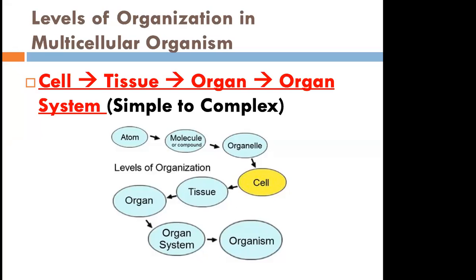Okay? And these build on each other. So atoms make molecules, molecules make organelles, organelles make up cells, cells make up tissues, tissues make up organs, organs make up organ systems, and organ systems make up complex organisms.